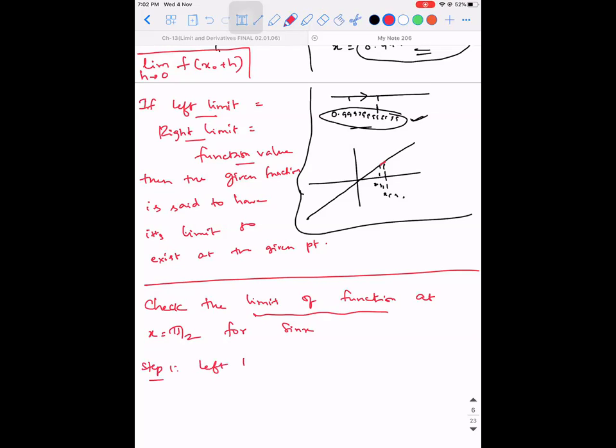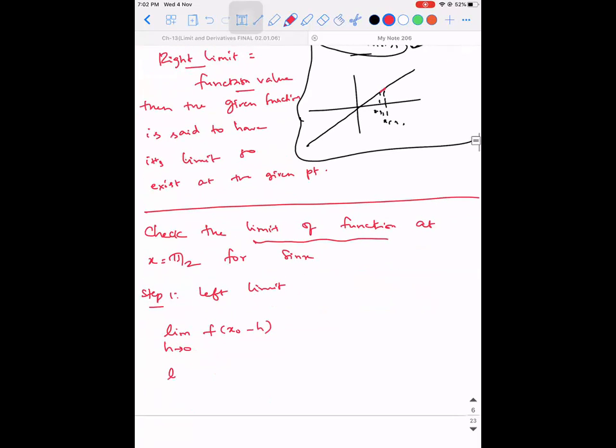What is the left limit? What is the left limit formula? Limit h tends to 0, f of x naught minus h. Here, what is the function? Sine.